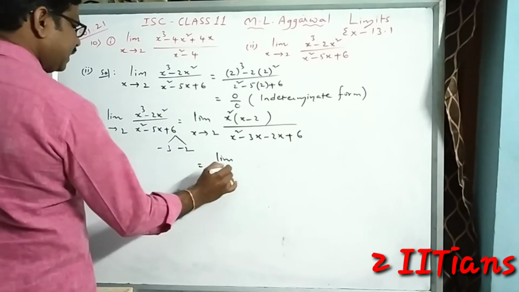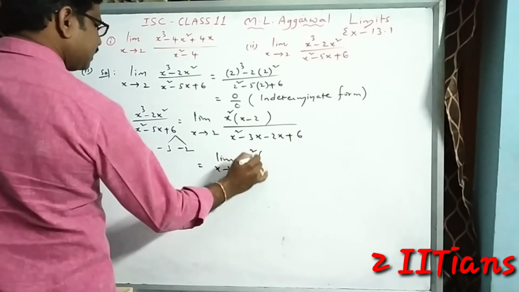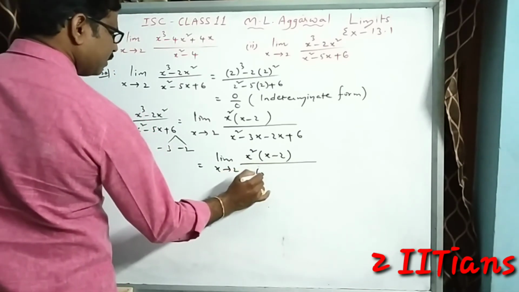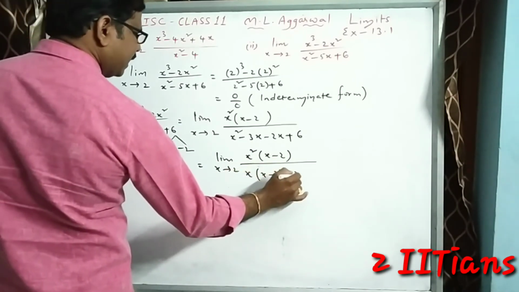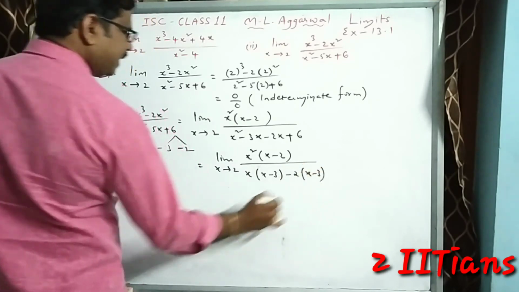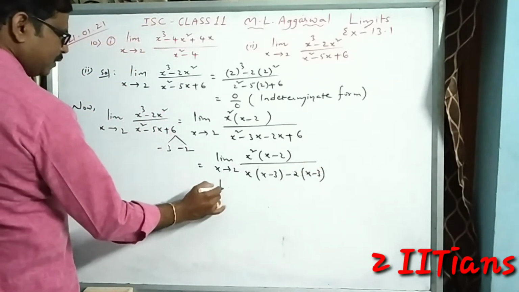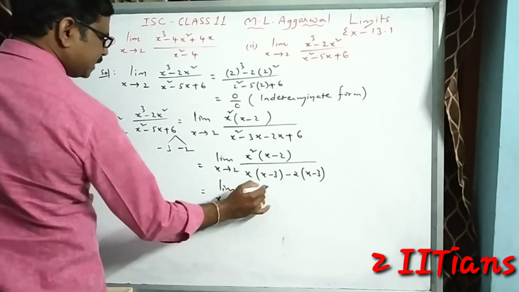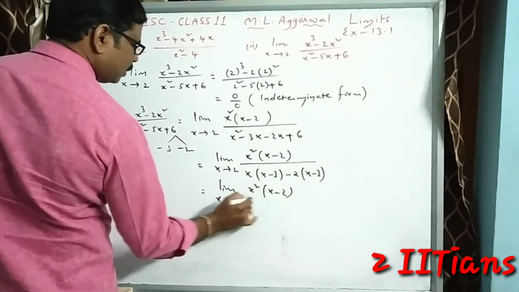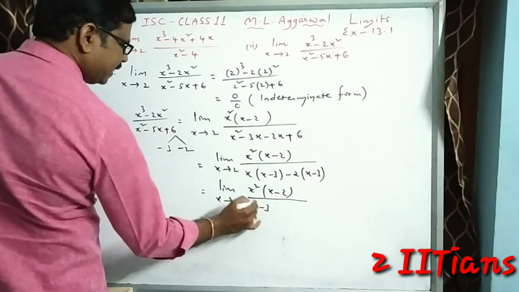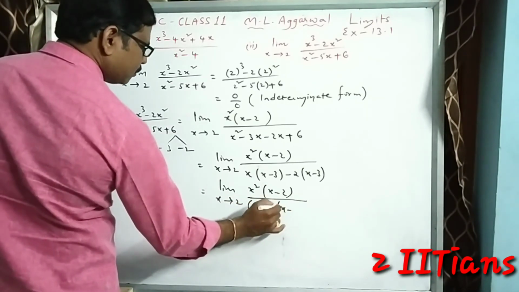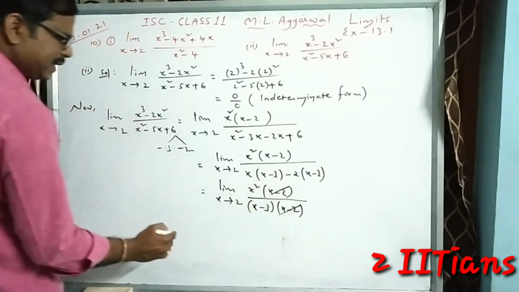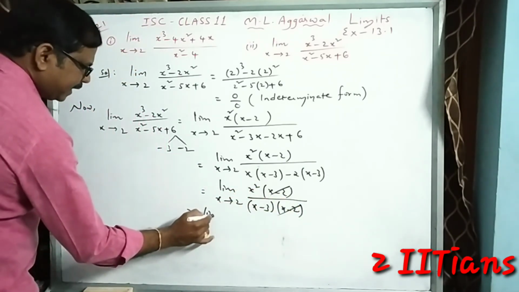Limit of x tends to 2, x square into x minus 2 upon, take x common here, x minus 3 minus 2 common, x minus 3. So limit x is tending to 2, x square into x minus 2 upon x minus 3 into x minus 2. Okay? So x minus 2 gets cancelled. So what is remaining?